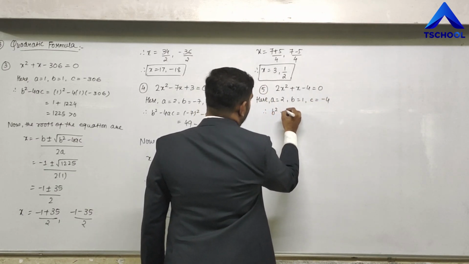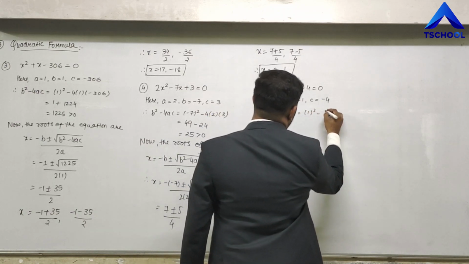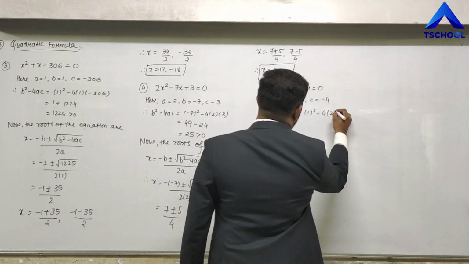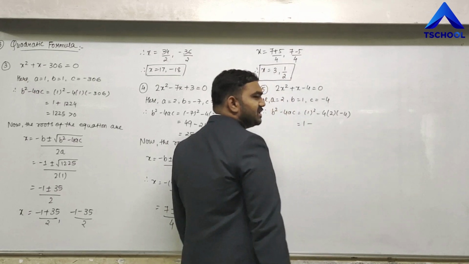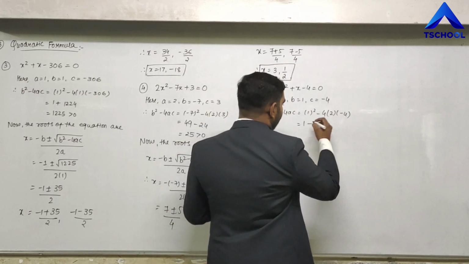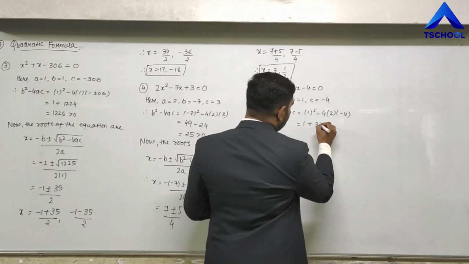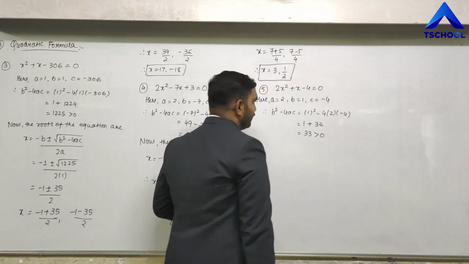Therefore, b square minus 4ac, that is 1 square minus 4 into 2 into minus 4, that is 1 minus 4 into 4, 16 into 2, 32. But again we have minus minus plus, that is 32 and that is 33, which is greater than 0.